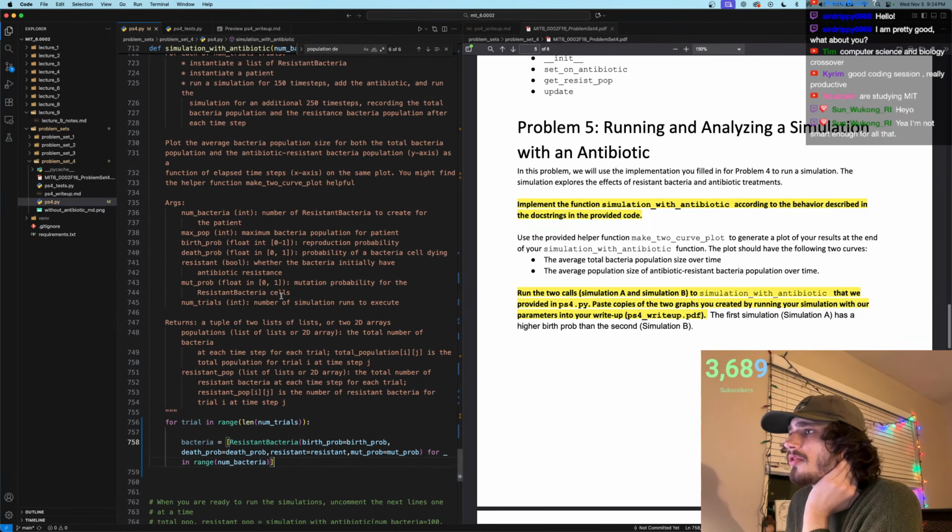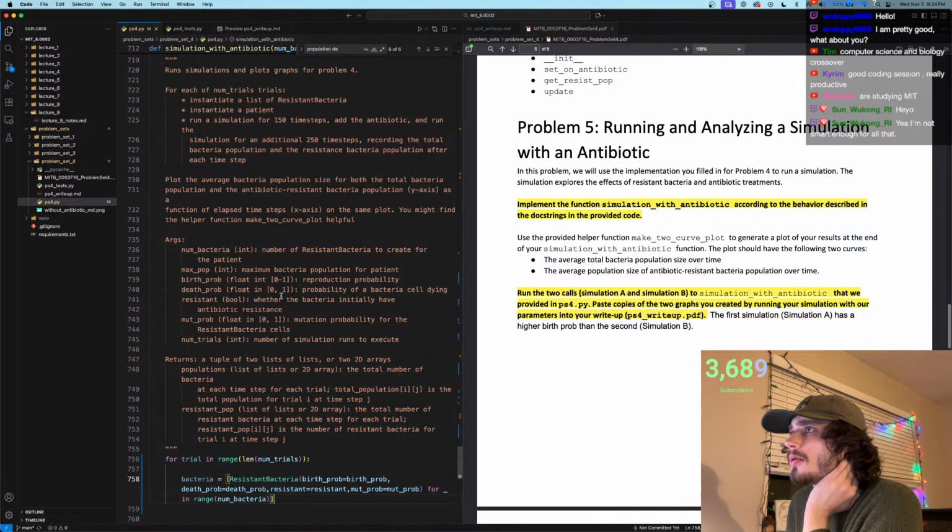We are going to run a simulation for 150 time steps and add the antibiotic. Run the simulation for 150 time steps. Add the antibiotic and run the simulation for an additional 250 time steps.